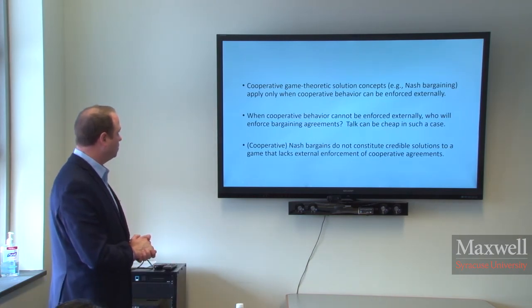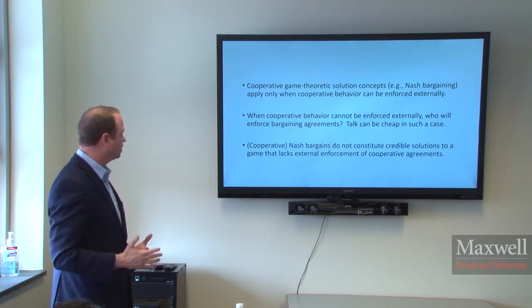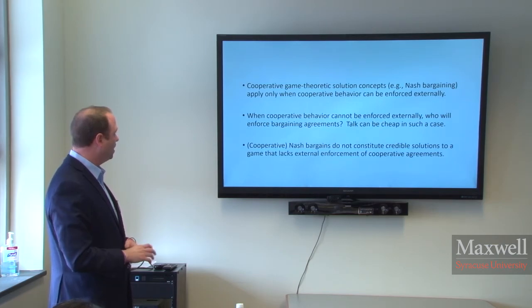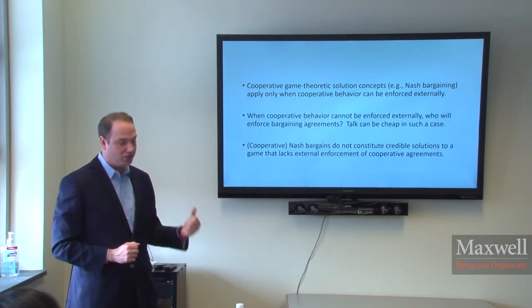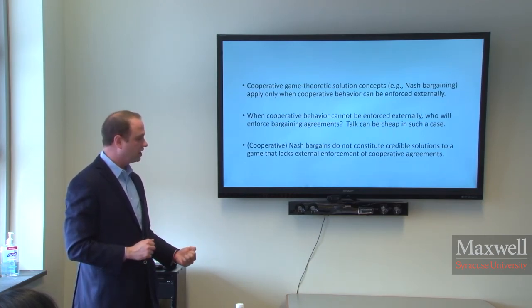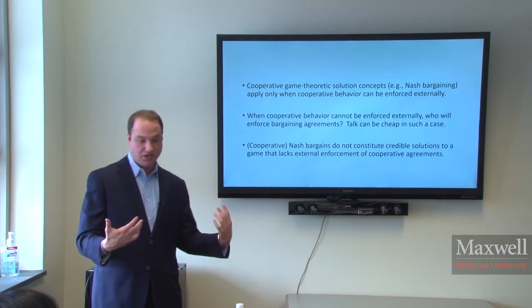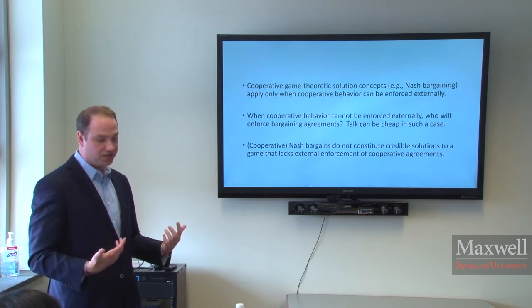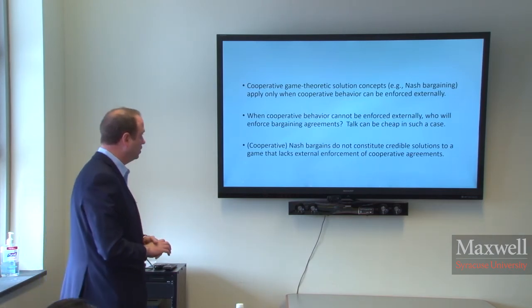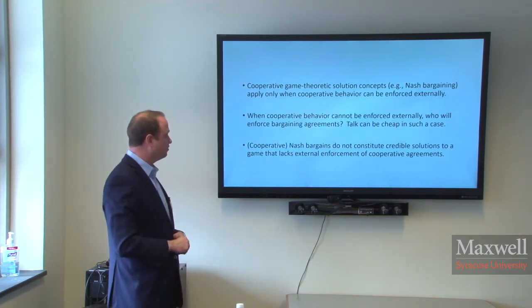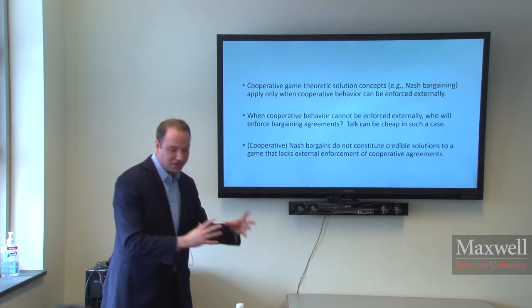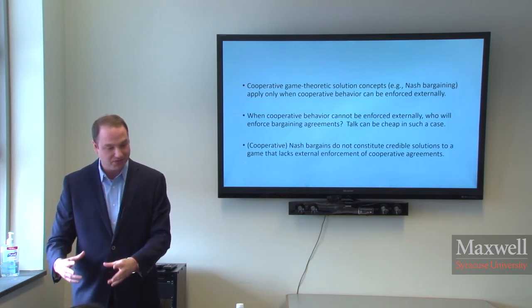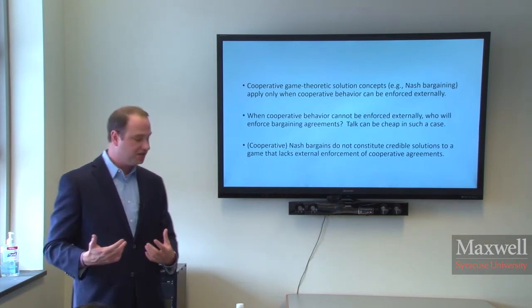So what's the division between cooperative and non-cooperative game theory? Cooperative game-theoretic solutions apply only in the presence of external enforcement. And Nash bargaining, what he uses to solve this game, is the chief example of a cooperative game-theoretic model. So you can't have commitment problems and solve a game cooperatively. That solution is going to be non-binding.